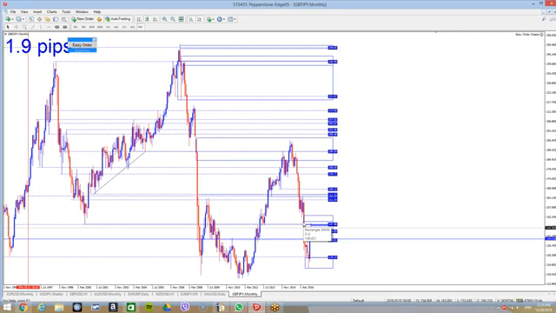Yeah, indeed. And that is why when you are marking up your charts, let's say your H4 charts, you will leave all of your levels there so that in 20 years' time, you can still see them on your charts because they still exist.